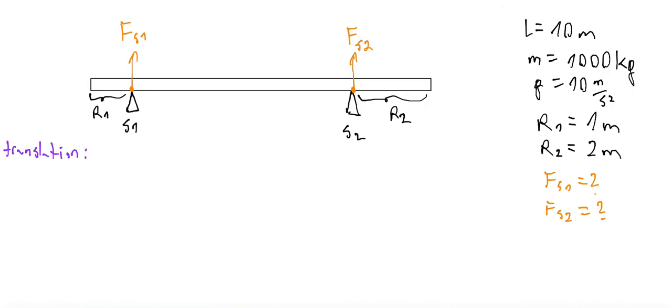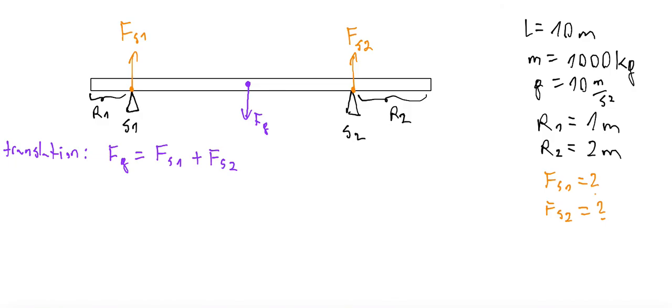We know that this rod doesn't move down, doesn't move up, doesn't accelerate, which means that the gravitational force, which acts at the center of the rod, must be balanced by support 1 and support 2. There is only one force acting down on the object, Fg, and two forces acting up, Fs1 and Fs2.